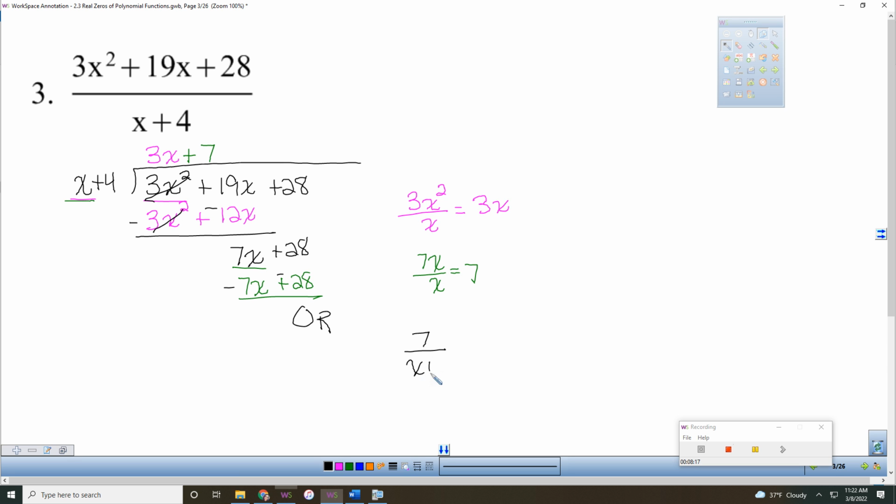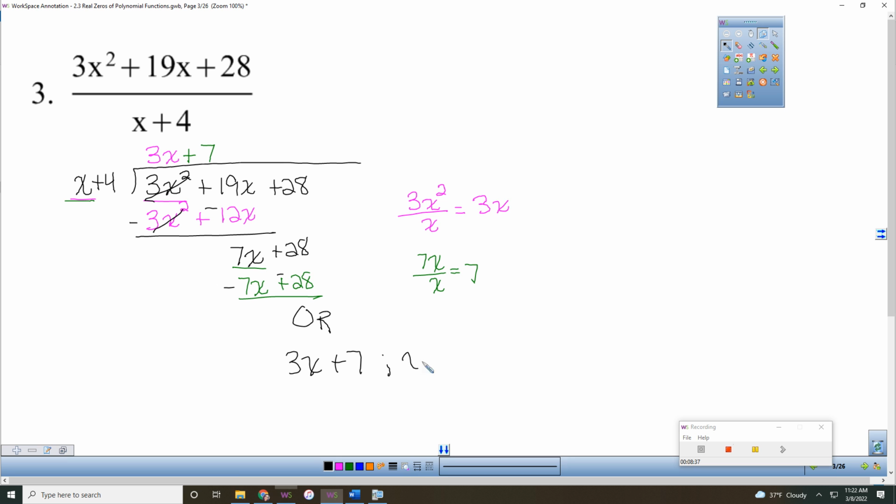So it would be like 7 over x plus 4. That would be at the back of like my 3x plus 7. So if this is like a leftover that was 7, it would be plus this, and you'd have your remainder back there, just like with normal division. All right, so if you have a remainder, it's going to go on top of what you're dividing by.